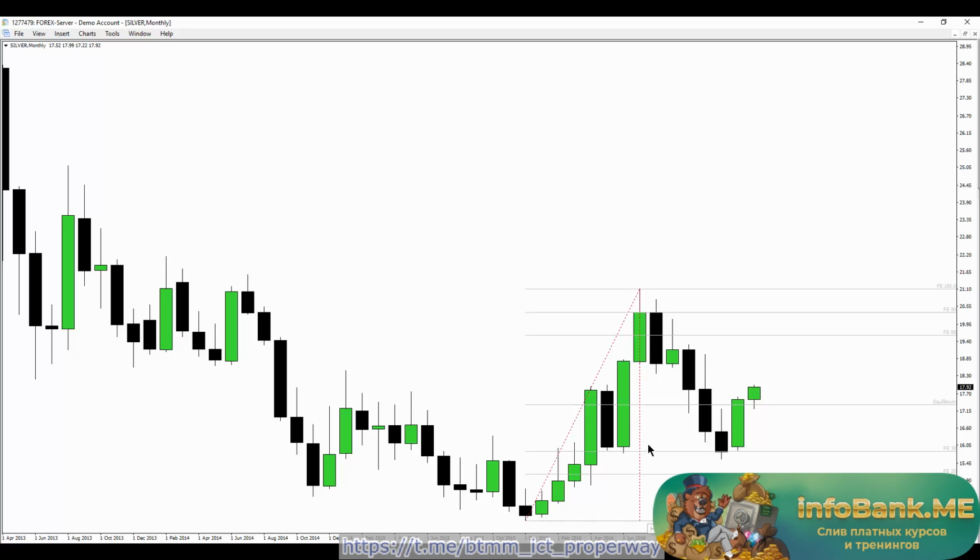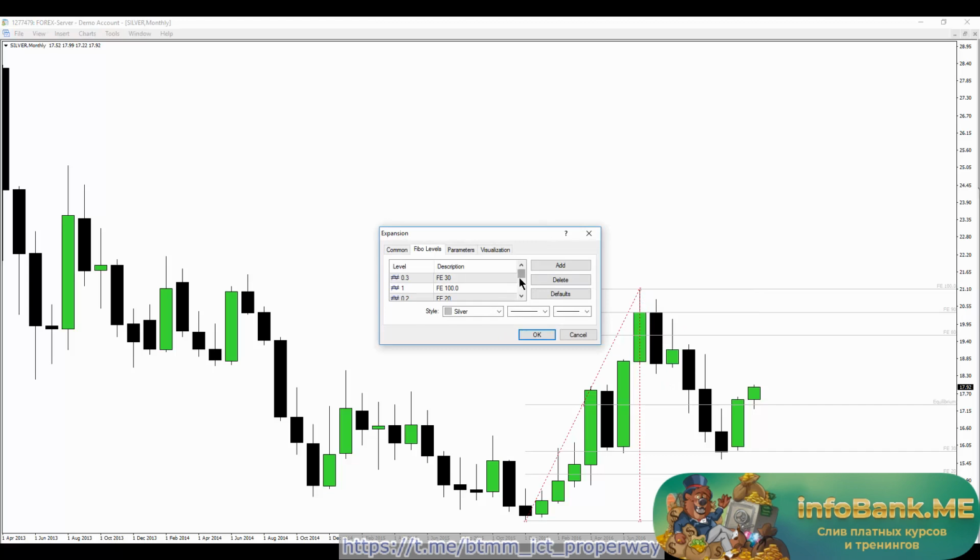So we have several levels in here indicated, and I'm going to show you what they look like. Go into the expansion properties, and this is how they are. You have the 0.3 Fibonacci extension, the 30, the 1 level, which is going to be the 100 level.